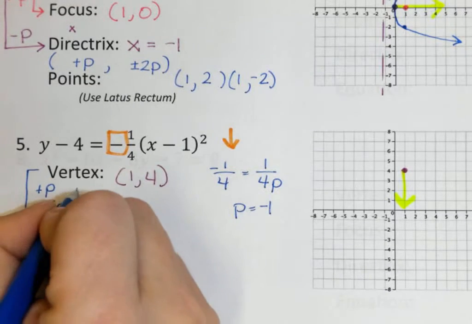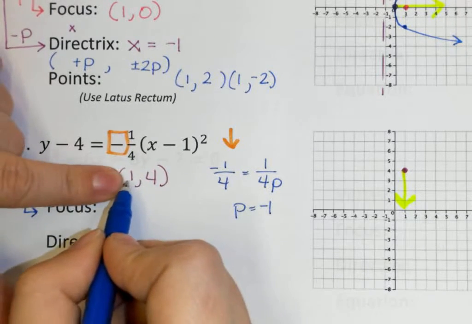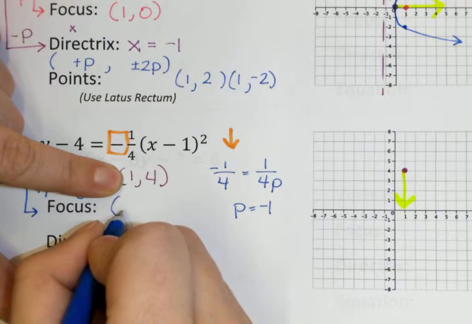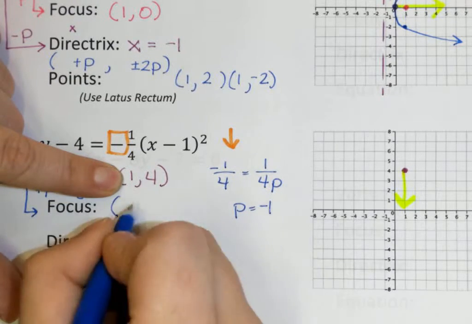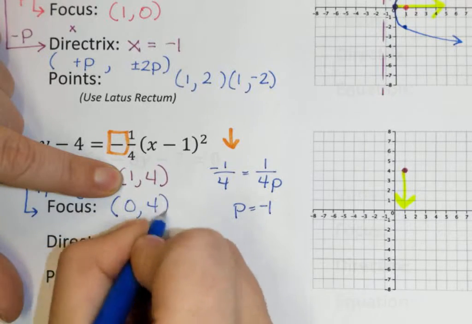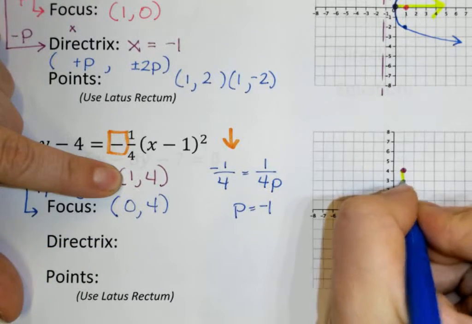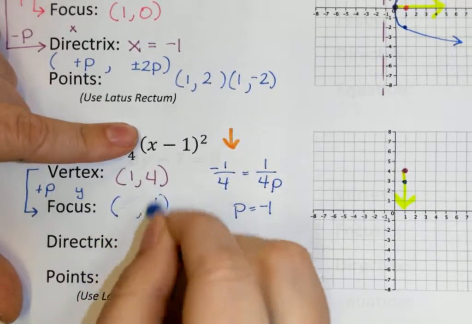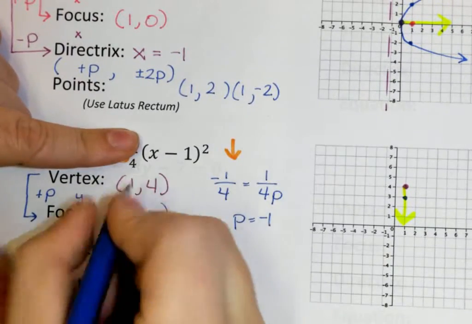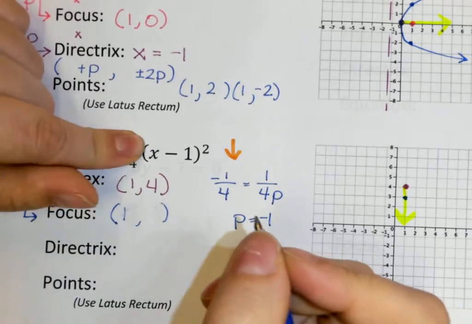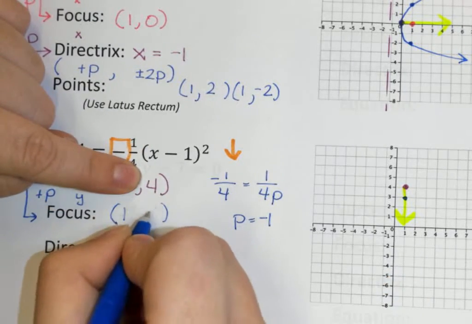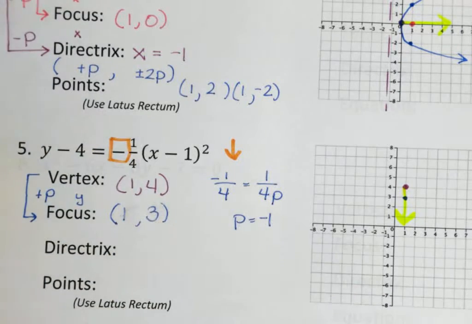The y, the not squared one. So 1 plus -1 is 0. Go down 1. That is not the y. That is the x. Just like to check to make sure you all are paying attention. Thank you. So to the y. 4 plus -1 is 3.